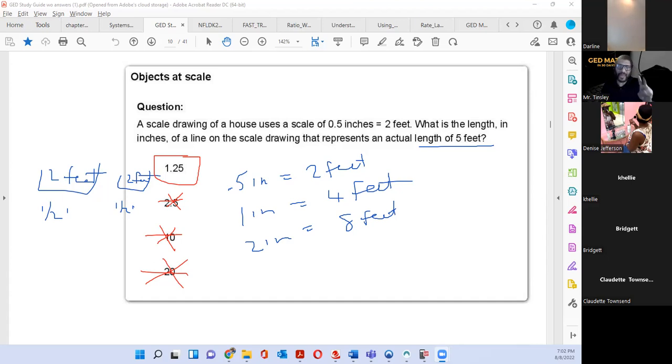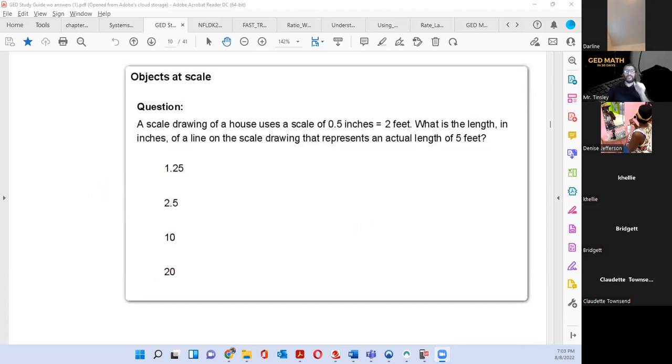System of equations, you may have 1 or 2. Quadratic equations, you may have 1 or 2. Okay, so identify ratio and proportions, you're going to have between 2 and 4. So make sure you study in the areas that you need the most.